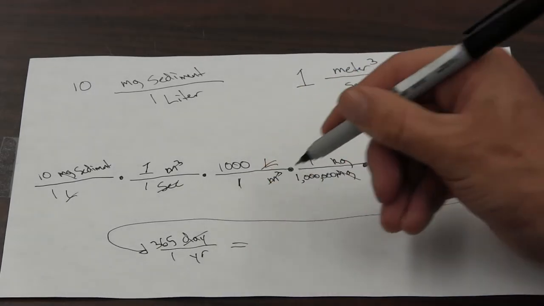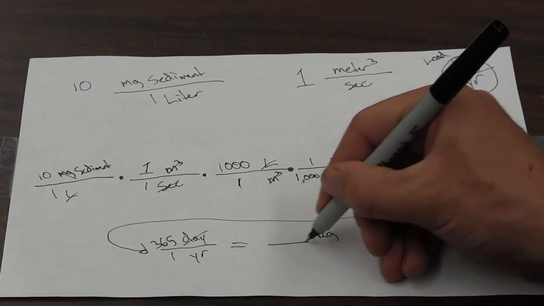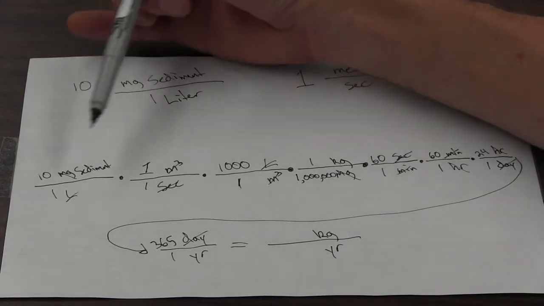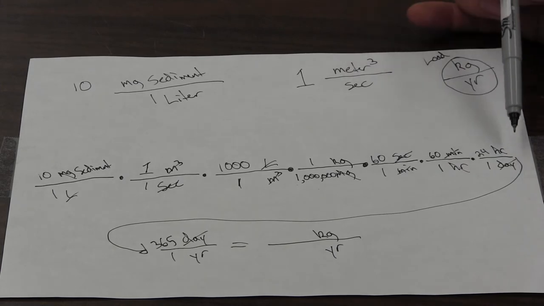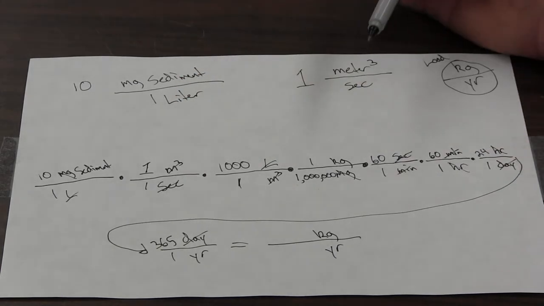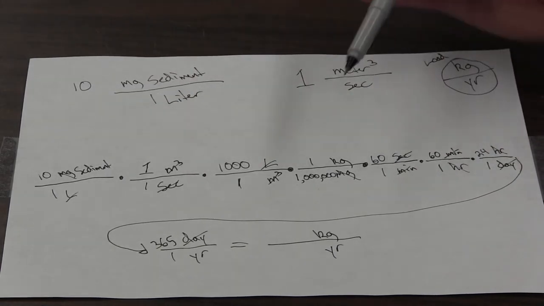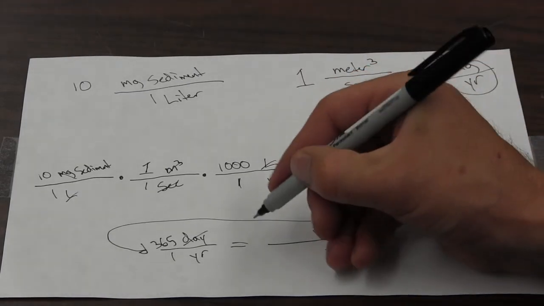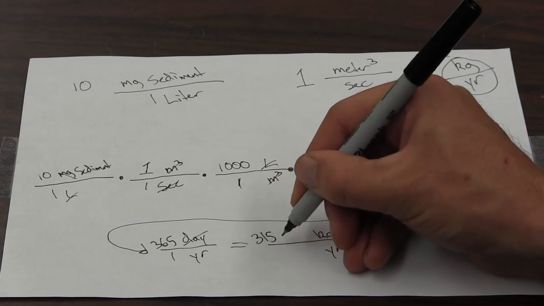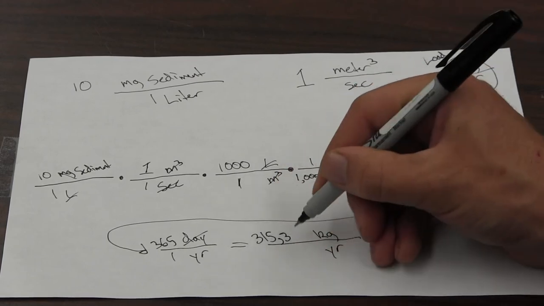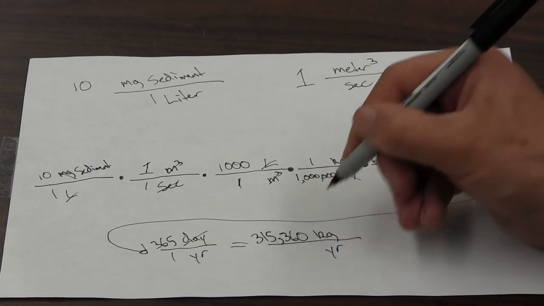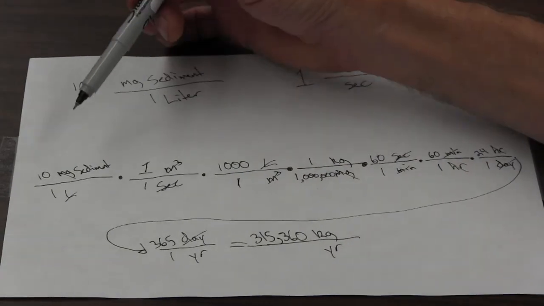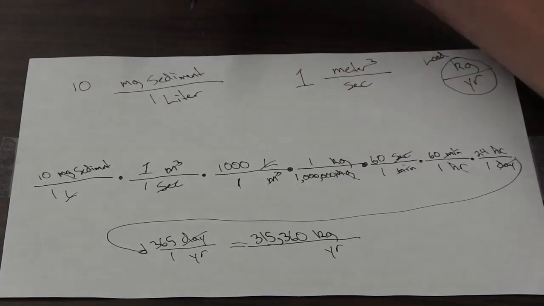To do the math here, I multiply 10 by 1,000 by 60 by 60 by 24 by 365, and then I divide by everything that's in the bottom, so by 1 million. And if I do the math on that, then I get 315,360 kilograms per year.